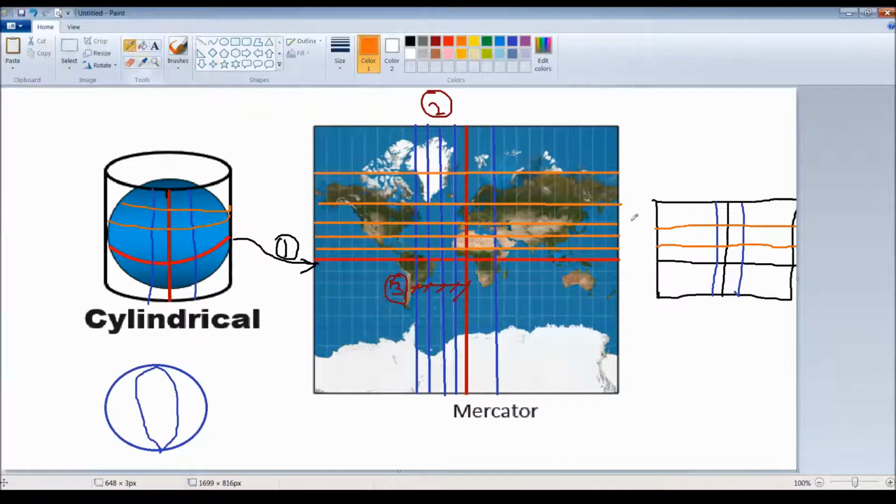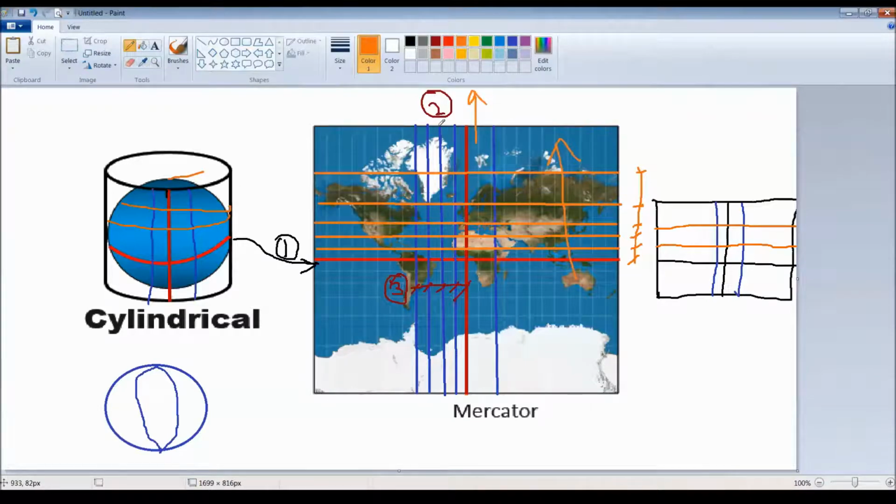Now, here is the thing. You see the distances between these lines? Is it getting longer or shorter? It's getting longer. The further you go up, the further you go north, the distances between the latitude circles is going to increase until you hit the North Pole here. Where is the North Pole? It's infinity. You have to project all the way to infinity.